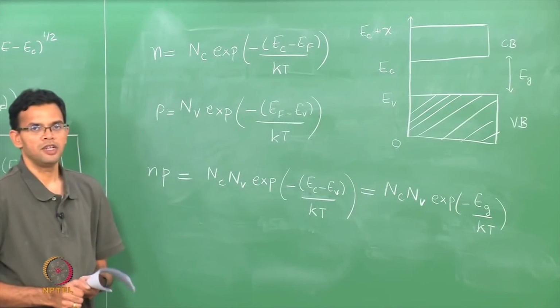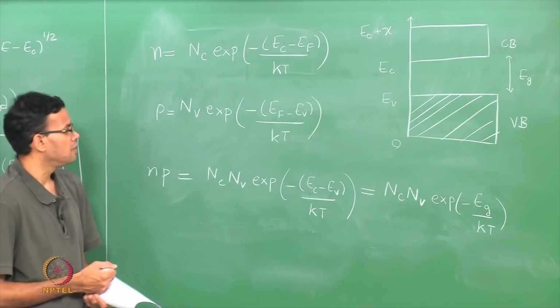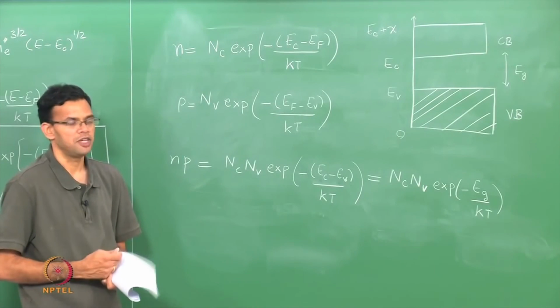In the case of an intrinsic semiconductor, your electrons are created because they are excited from the valence band to the conduction band, and whenever an electron is created, a hole is also created.